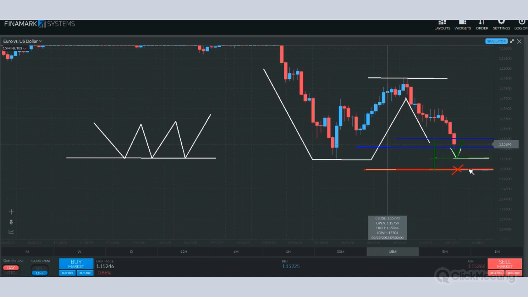So if the position goes south and we don't win it, we've lost 10 pips. If the position goes in our favor and we do hit our take profit goal, then we've made 20. So we have 2-to-1. That means for every position lost, the gain on a winning position is double how much we would stand to lose.